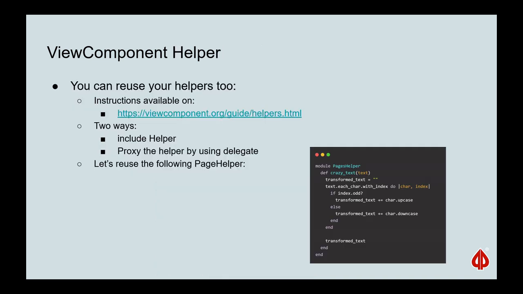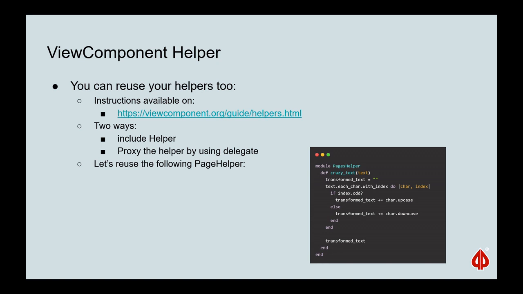Also, because you may already have many helpers for your application, you can reuse all those helpers inside your view components. I created a very simple page helper called crazy text. It uppercases the odd indexes and lowercases the even ones. I want to use this helper inside our component. There are 2 ways to do it. First, like a normal class, you can include the helper inside your class and then call the helper functions.